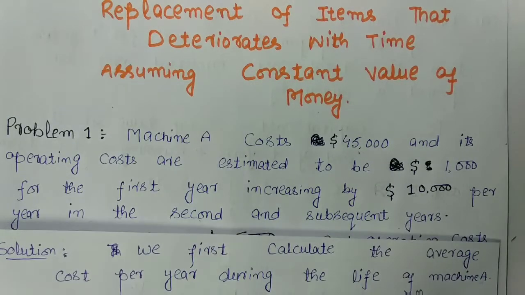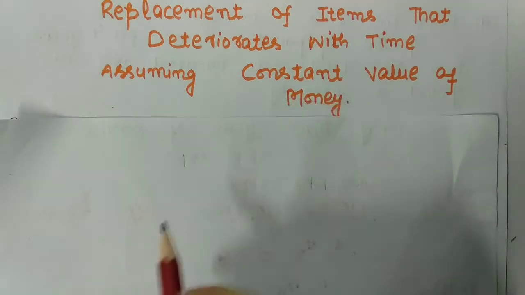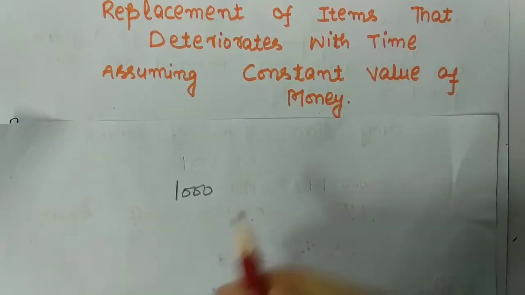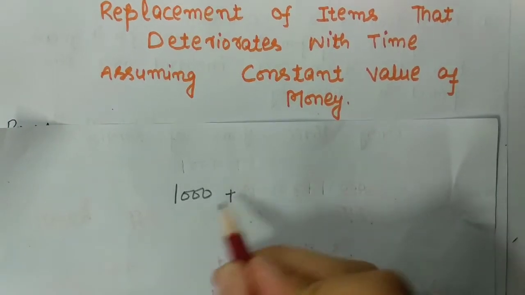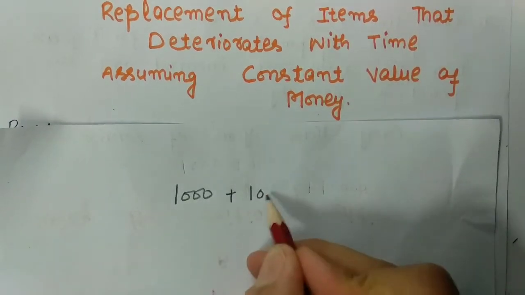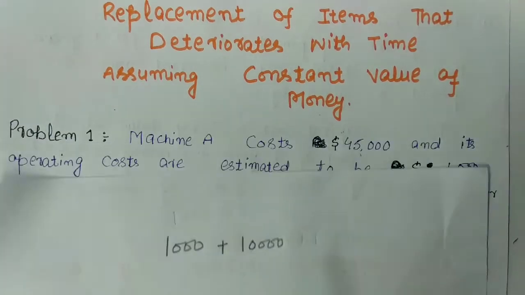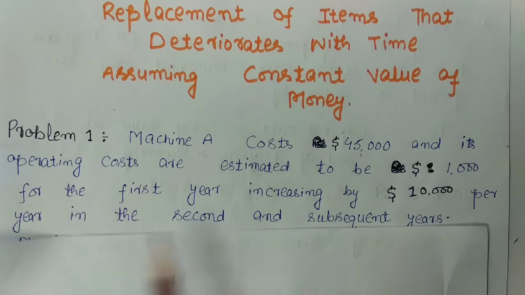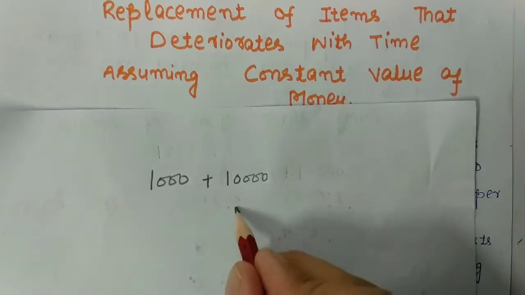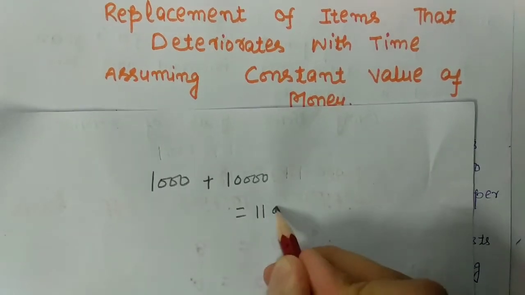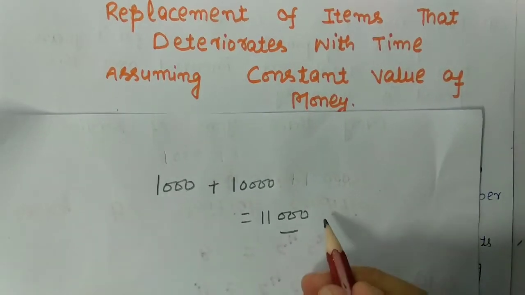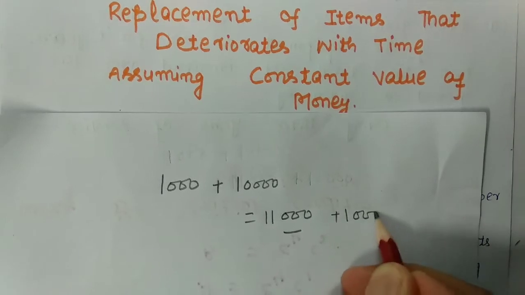It means that if the operating cost or running cost for the first year is 1,000, then in the second year it will become 1,000 plus 10,000, because the operating cost is increasing by $10,000 per year in the second and subsequent years, so it will become $11,000. And in the third year it will again increase by 10,000, and so on.